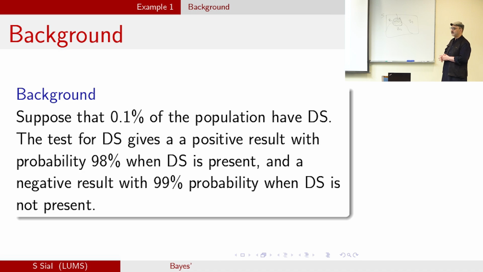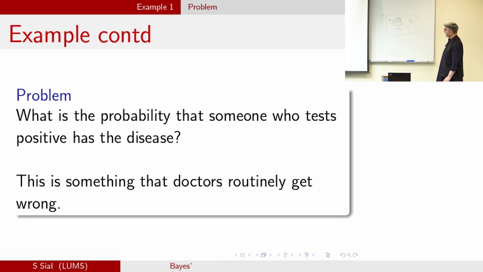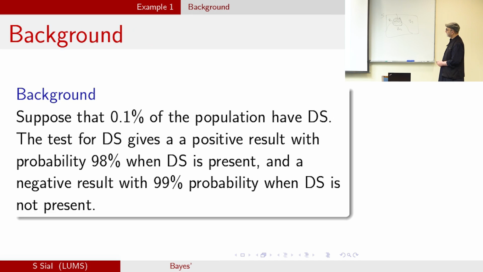We had a similar problem before, and we're going to do it using Bayes' rule this time. So what's the probability that someone who tests positive has the disease, from this information?